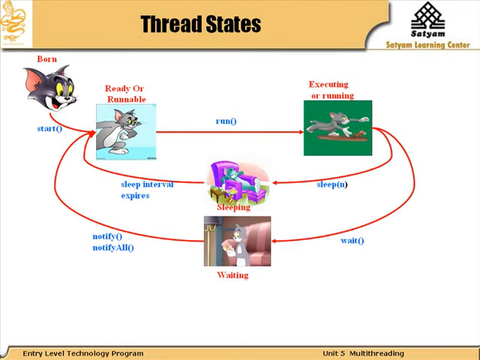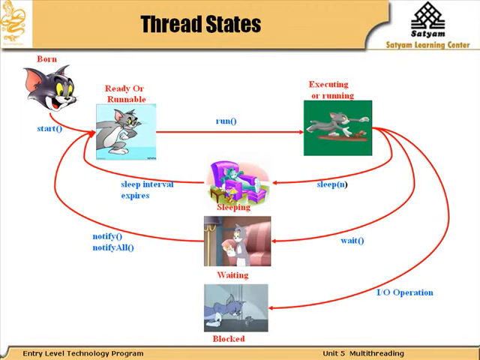Now when can Tom get blocked? Let's also understand that. On performing an input-output operation, the Tom thread may go to a blocked state. Once the input-output operation is done, Tom comes back to the ready-to-run state.